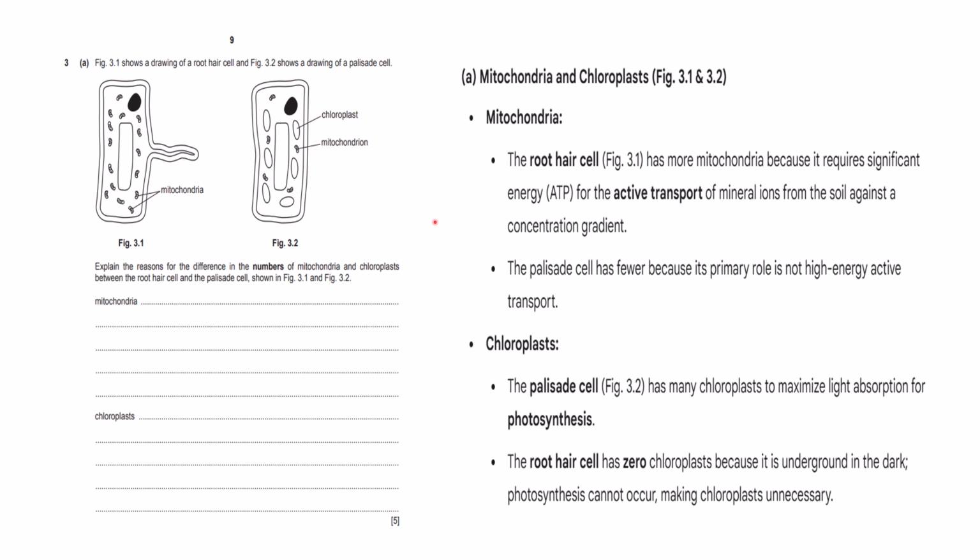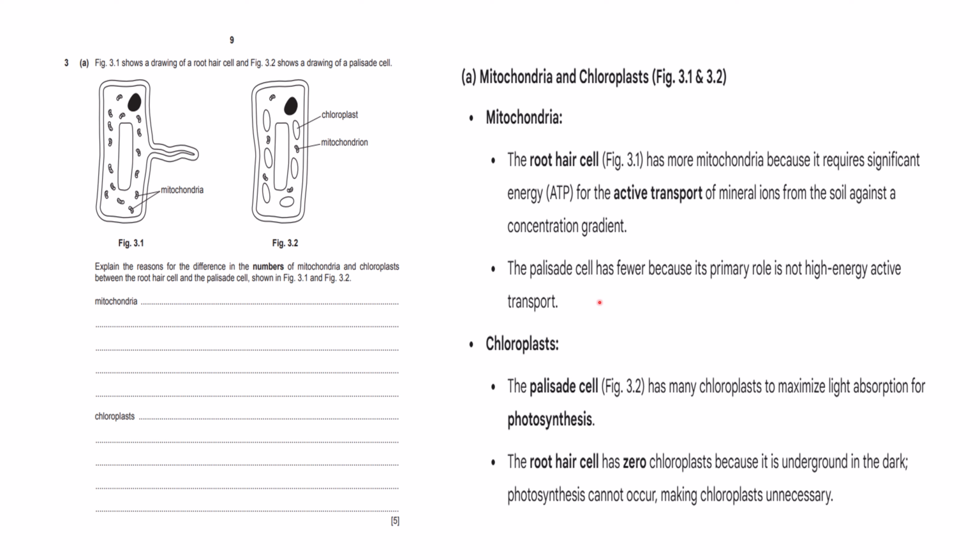So, mitochondria and chloroplasts, Figures 3.1 and 3.2. Mitochondria: the root hair cell, Figure 3.1, has more mitochondria because it requires significant energy, ATP, for the active transport of mineral ions from the soil against a concentration gradient.